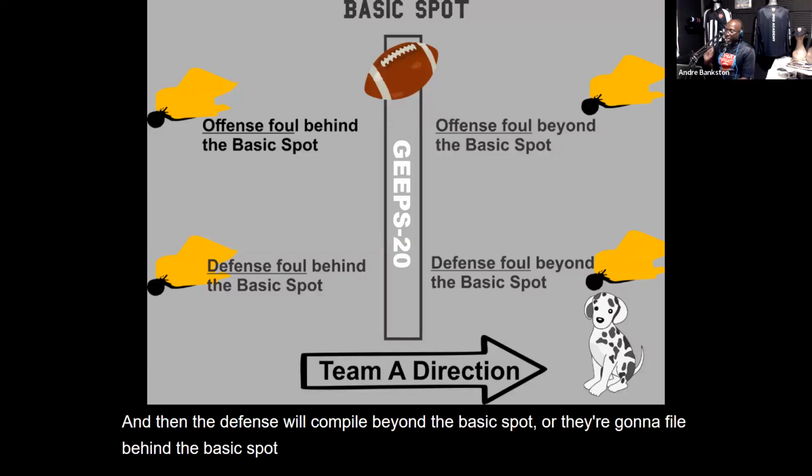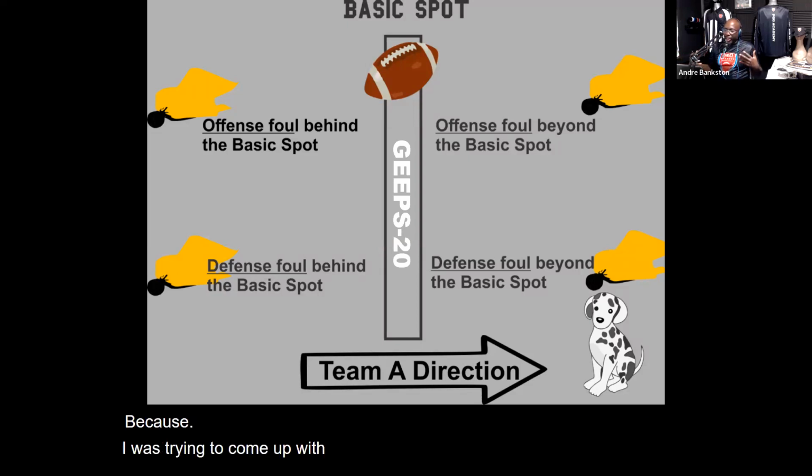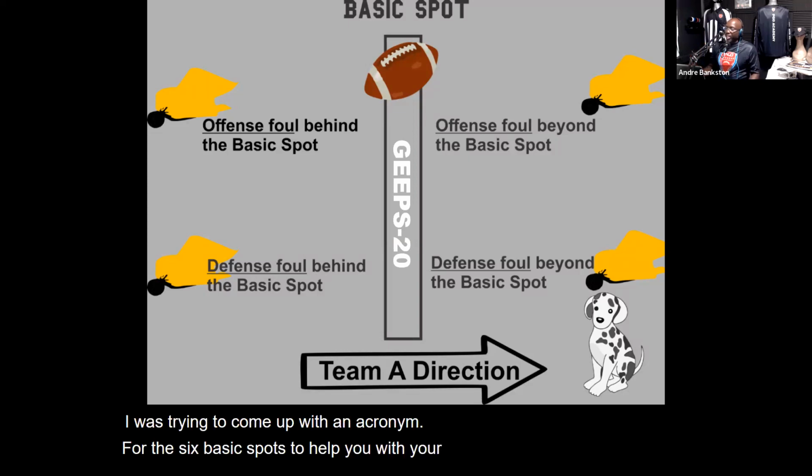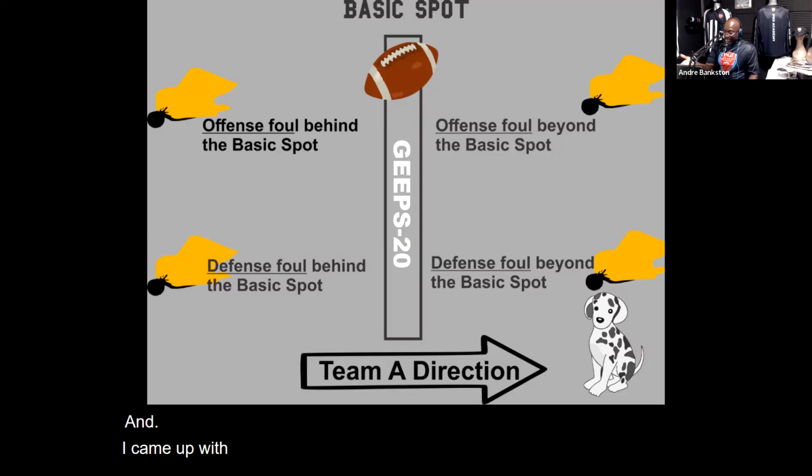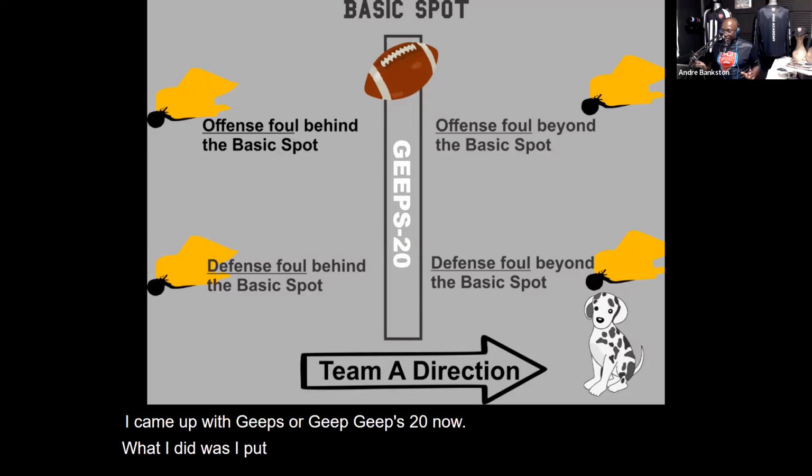All right. Now, fun fact, because I was trying to come up with an acronym for the 6 basic spots to help you with your memory. And I came up with GEEPS 20. Now, what I did was I put those letters into the Google.